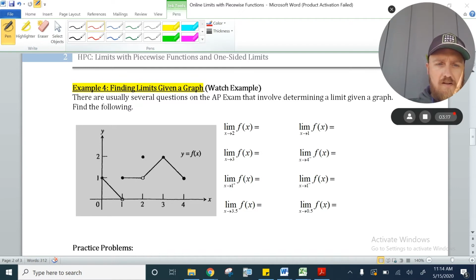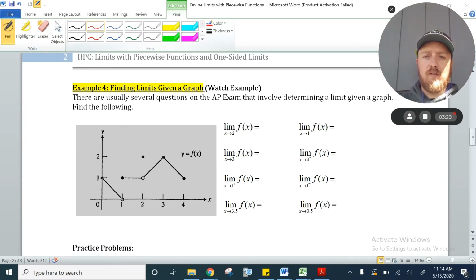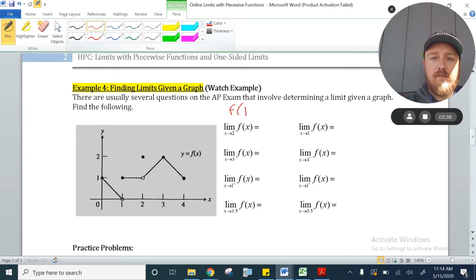Limits on this graph. If you look at the graph itself, it's doing a lot, right? It's kind of crazy, but let's get at it here. First one, limit of the function as x approaches 2. The key here, as it approaches 2, it is not asking what is the value of the function at 2, because that's different. That's saying if I plug 2 into the equation, what does my y value become, right?